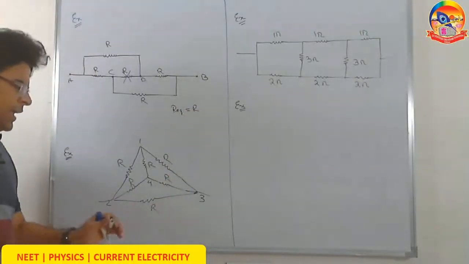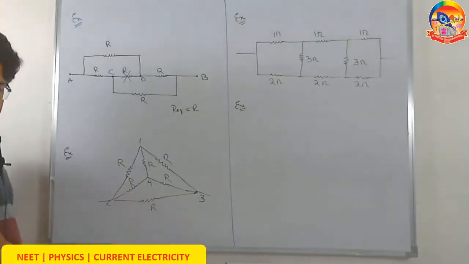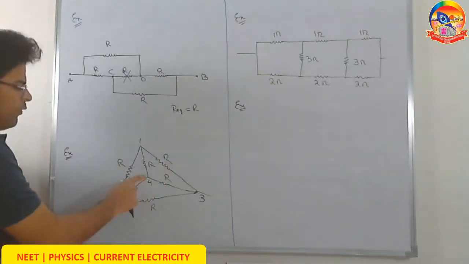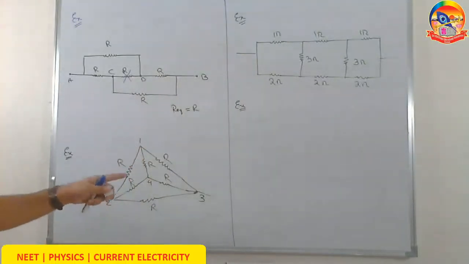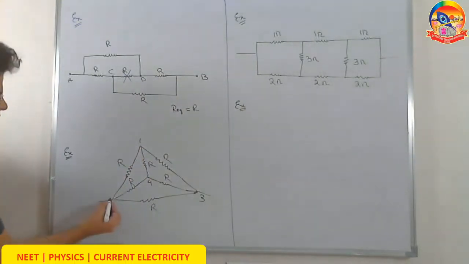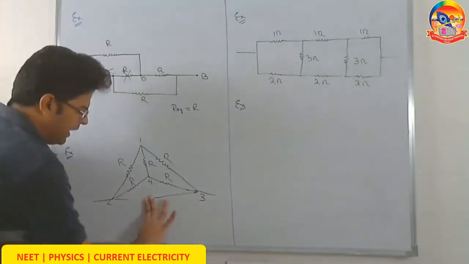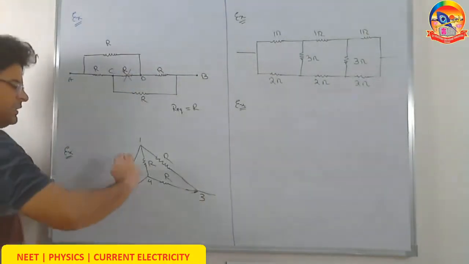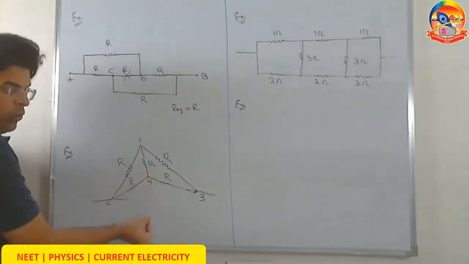This is another example. There is a triangular frame with 3 resistors R, R, R, and from the centroid 3 more resistances R, R, R are joined. The question is, what is the equivalent resistance between 2 and 3? Here also, first of all, forget this one. Now you can see this part is nothing but a Wheatstone bridge. If you can't see it, move the 4 down.